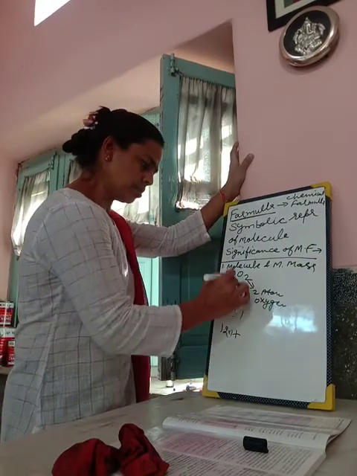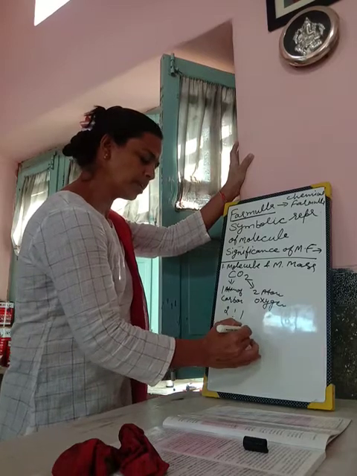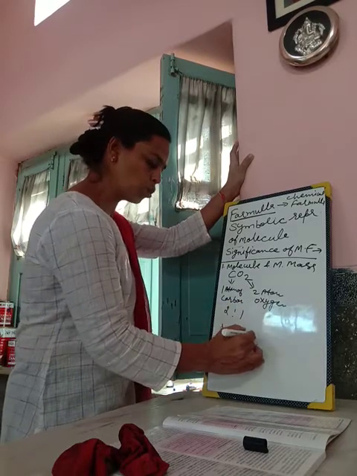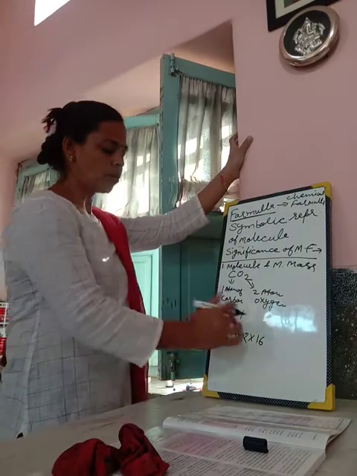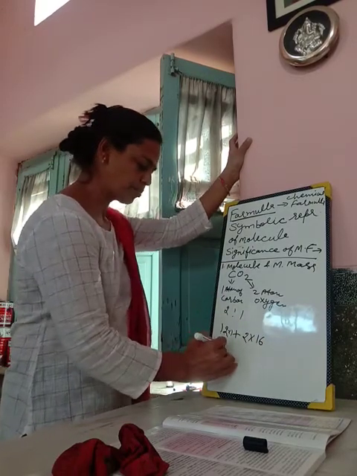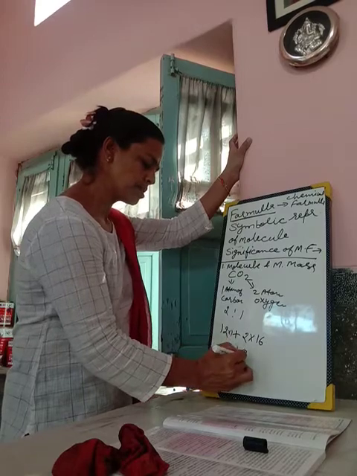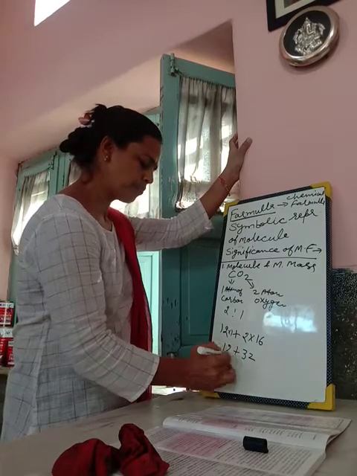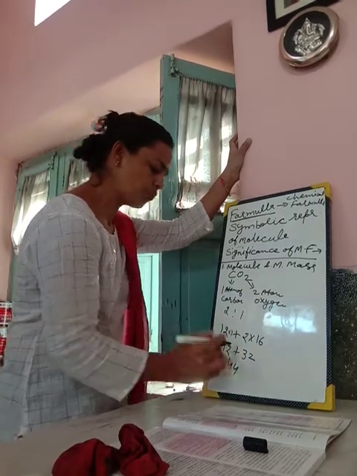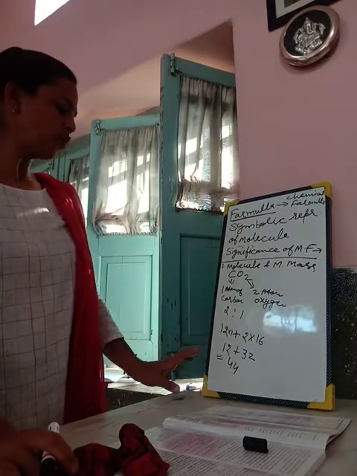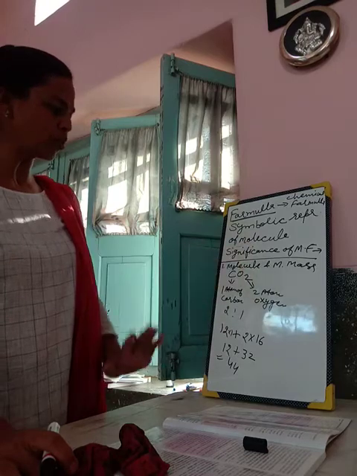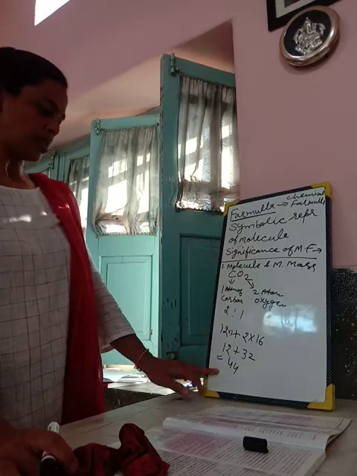In oxygen there are 2 atoms, so multiply by 2, and the atomic mass of oxygen is 16. 12 plus 32 equals 44. It means it gives the information about molecules and molecular mass.